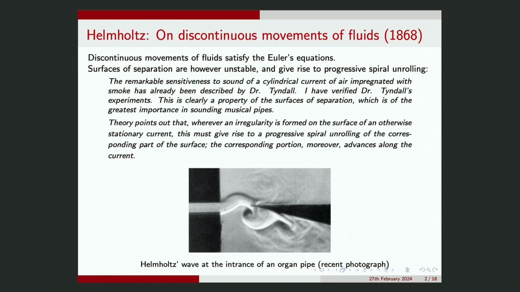This is, we can say, a qualitative paper on these waves. Here you have a picture of the situation Helmholtz had in mind: the formation of a wave at the exit of a jet, which hits the reed of a musical instrument, which can be an organ pipe or any other.